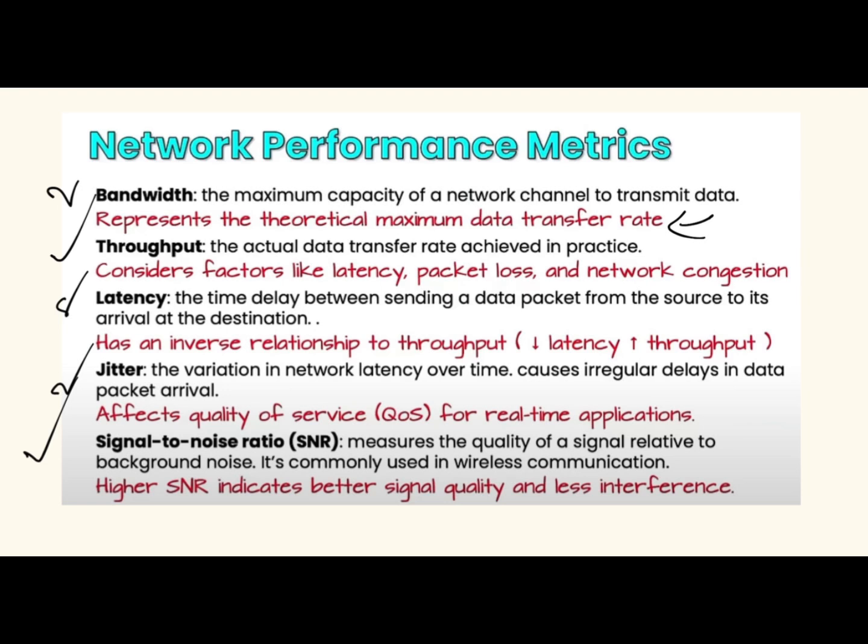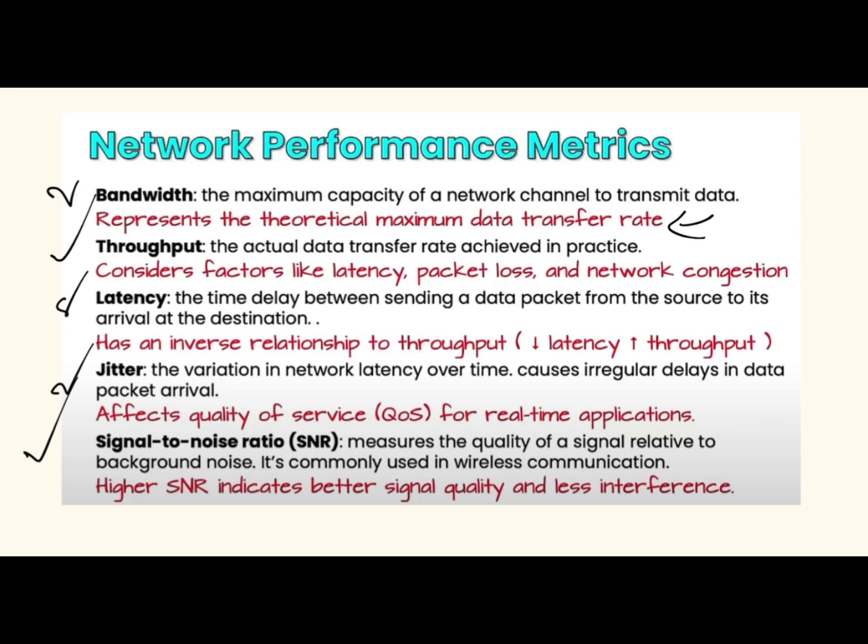Higher SNR is equal to better quality and fewer errors. So signal to noise ratio measures the quality of a signal relative to background noise. It's commonly used in wireless communication. Higher SNR indicates better signal quality and less interference.